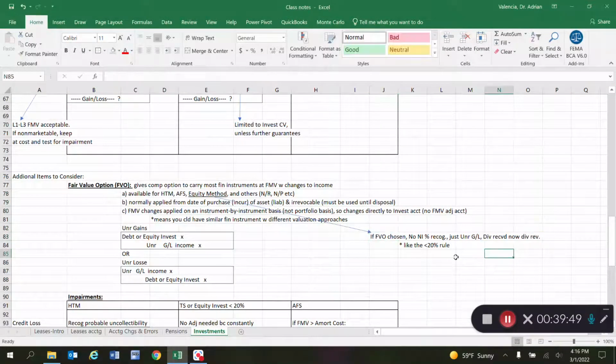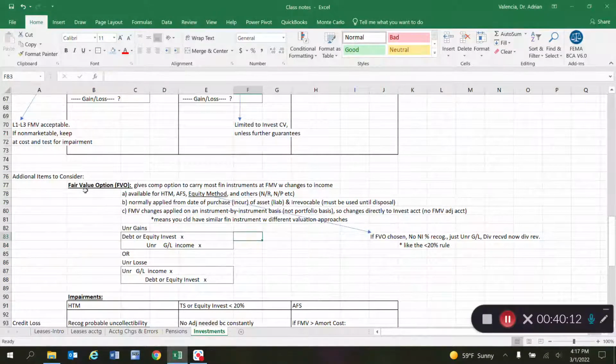So in other words, if you choose to not use the equity method for an investment between 20 and 50%, and you choose the fair value option, the accounting is going to be very similar to the accounting of an equity investment of less than 20%. Straightforward here.